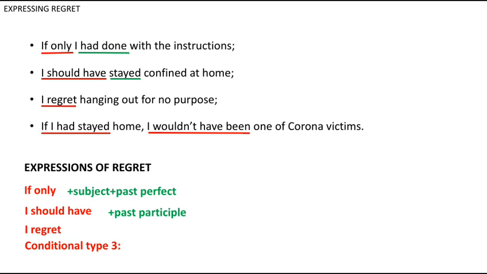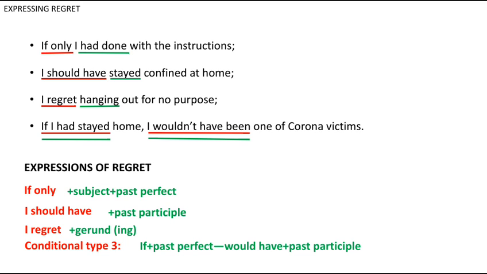Plus past participle, stayed. Stayed is the past participle of stay. Okay, and number 3, I regret plus what? Plus gerund, hanging, verb plus ing. And in the last one, we have conditional type 3, if plus past perfect, would have plus past participle.